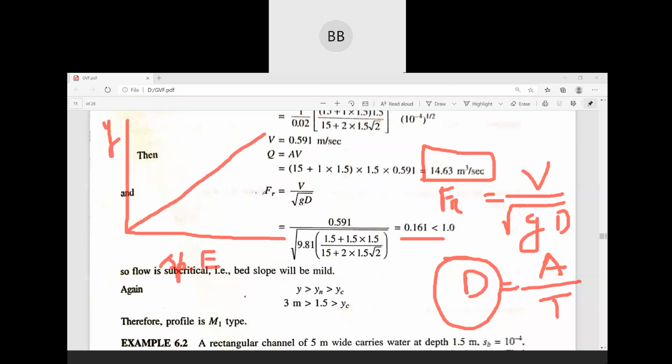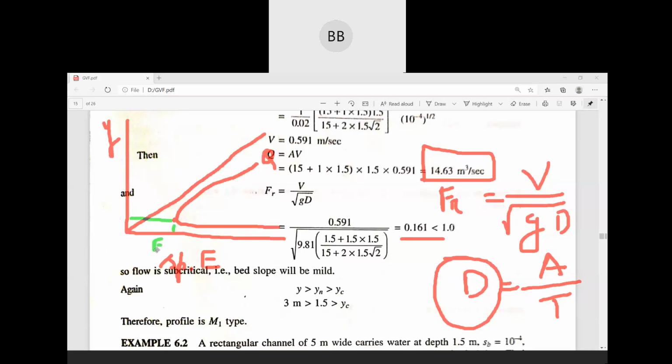It will be at 45 degrees, and for a particular discharge you'll have one specific energy curve. Here this specific energy is minimum, E minimum.